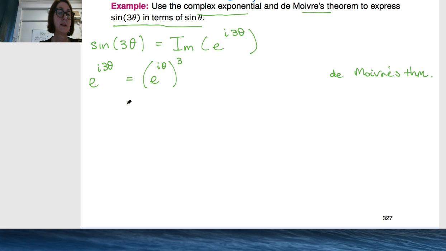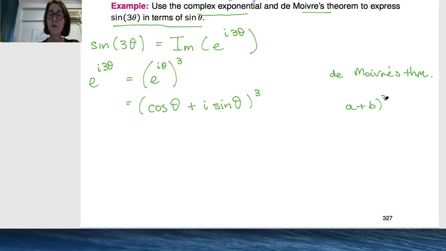Okay, so let me just expand out the bracket now. e to the i theta is cos theta plus i sine theta, cubed. Now what I have is a term that looks like a plus b cubed, and we can expand that using the binomial expansion. So what did it say we had to do? It said we took the first term to that power, so it was cos cubed theta.